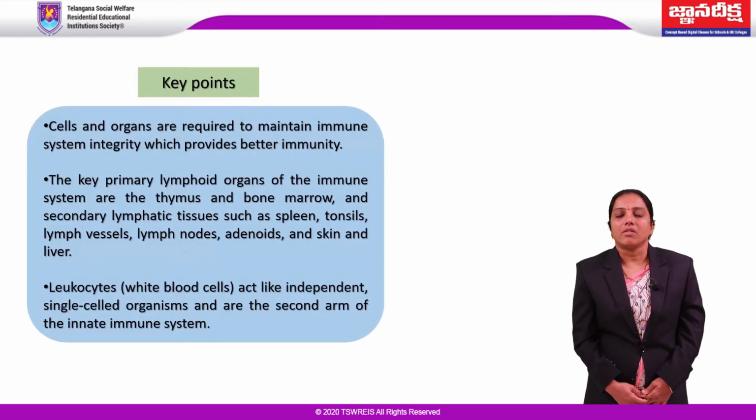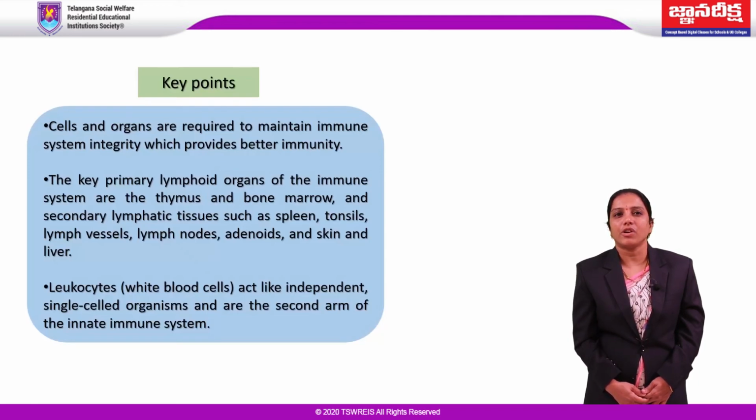Primary lymphoid organs are mainly used for nurturing, providing the nourishment and environment for T and B lymphocytes development, whereas secondary lymphoid organs provide the environment for multiplication and maturation of these lymphocytes.